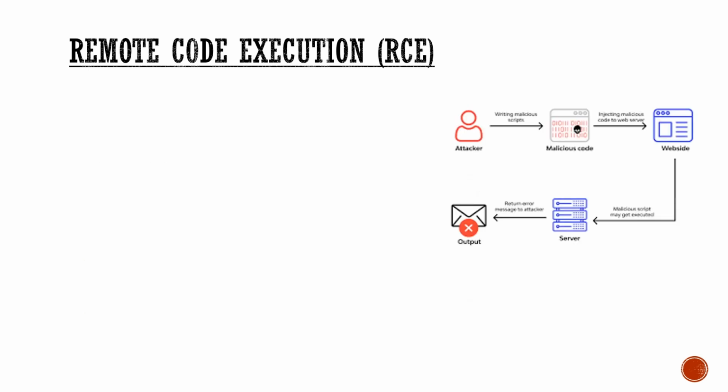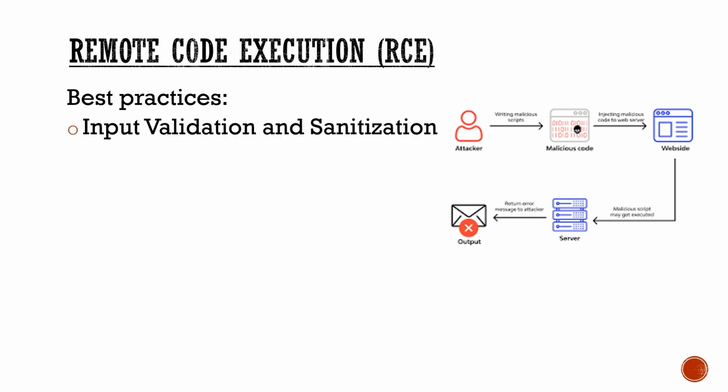To prevent RCE vulnerabilities, developers and system administrators should follow these best practices, which include input validation and sanitization. So again, validate and sanitize all user-supplied data and external inputs before using them in code execution processes.